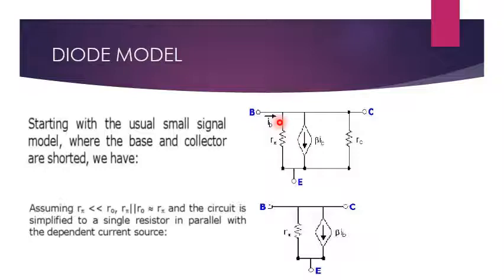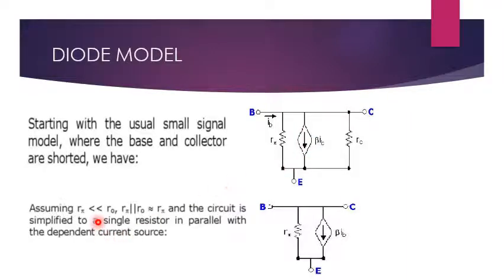When we have shorted base and collector, if you take NPN, emitter is N, base is P and collector is N. So PN acts as a diode. Now we have connected base and collector, so it will act as a diode. In that diode, here it is going to be a current source of beta times IB, and R pi.